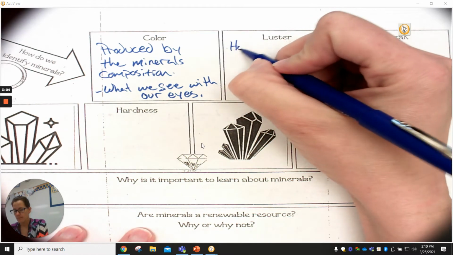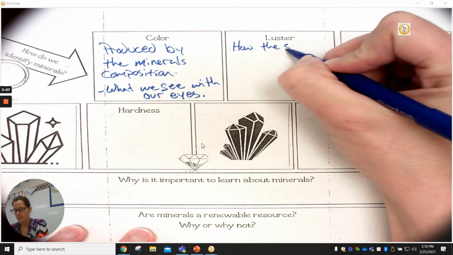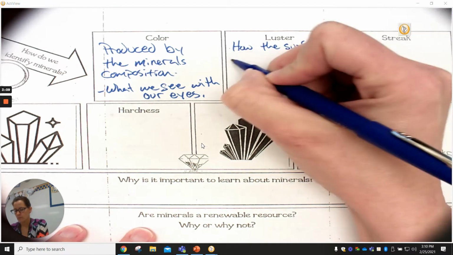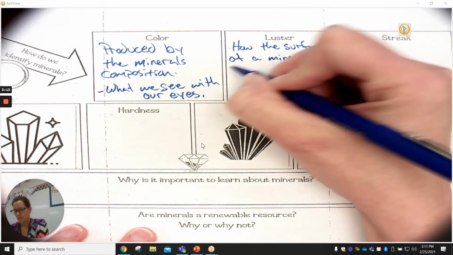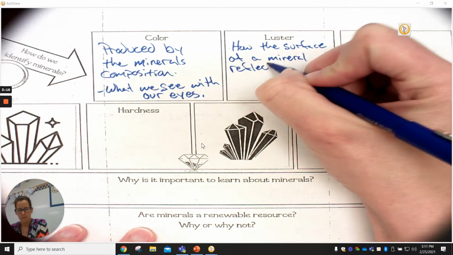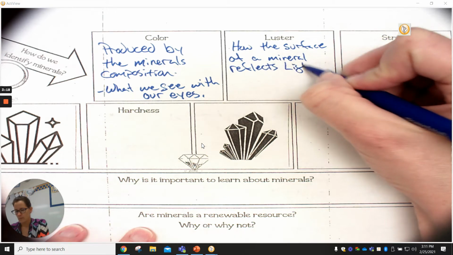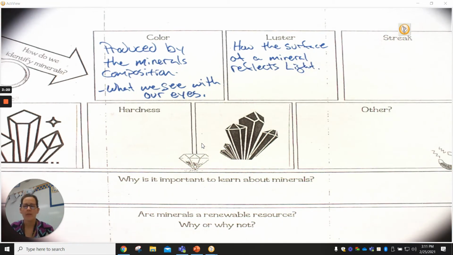So if you can think back, I know it was a while ago, to whenever we talked about metals, nonmetals, and metalloids and how they reflect light, we had two options first. They could either be metallic or non-metallic.